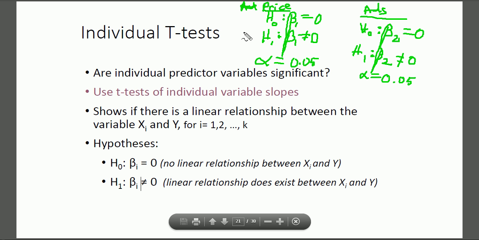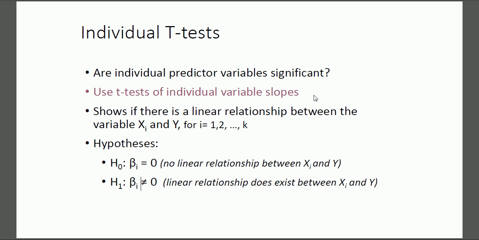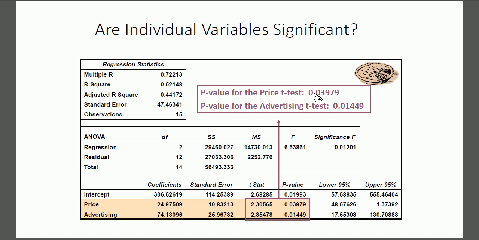So here are the two t-tests for our pie sales data that we've been working with for a while. Here's the one for price, here's the one for ads. These are the tests set up. Now we go to get the p-values for each of these and make decisions for each of these separately. So let's go to the output.